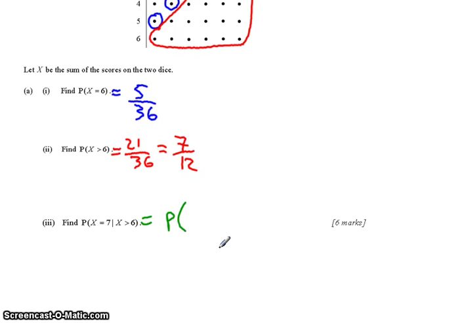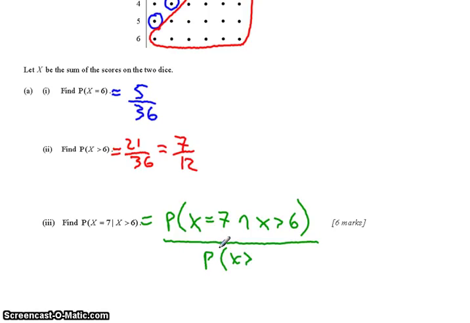The probability of this, what they're wanting, is equal to the probability of x equaling 7 and x being greater than 6, divided by the probability that x is greater than 6. And an algebraic version of this formula is in your formula booklet.